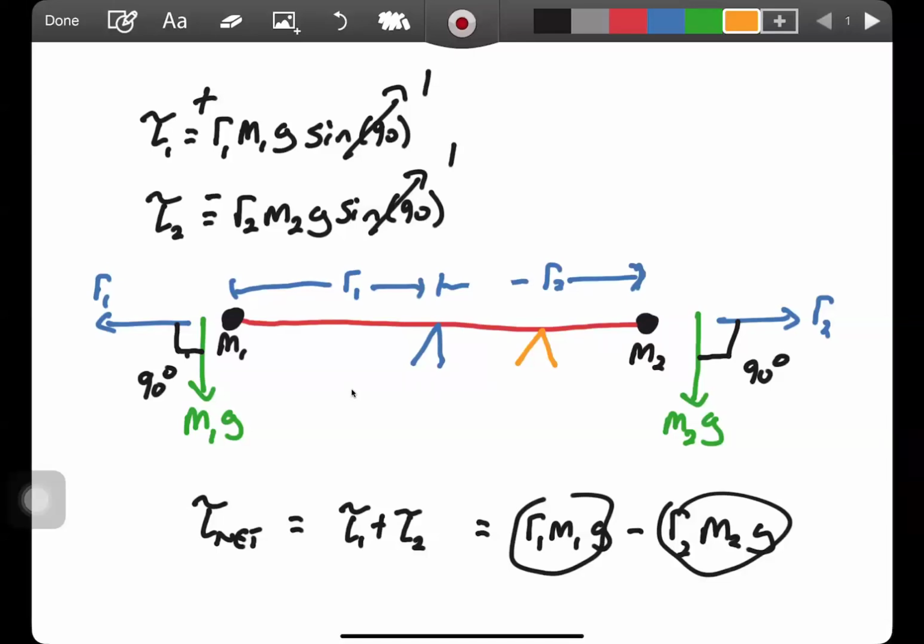But granted, you could go back to a situation where the masses were identical. If the masses were identical and the fulcrum was right at the center, gravity is obviously acting with the same gravitational acceleration in both cases. In fact, you can get rid of those terms.